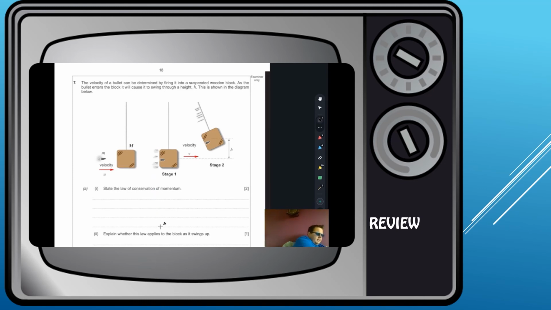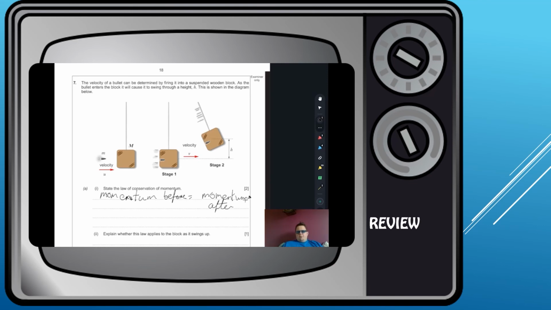Okay, now this question was the last question on this paper and was a bit of a doozy. So, right, state the law of conservation of momentum. What that tells us is that the momentum before equals the momentum after.